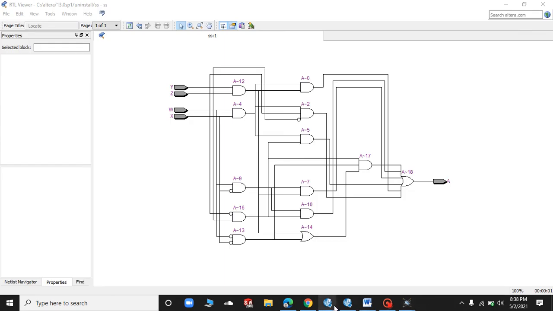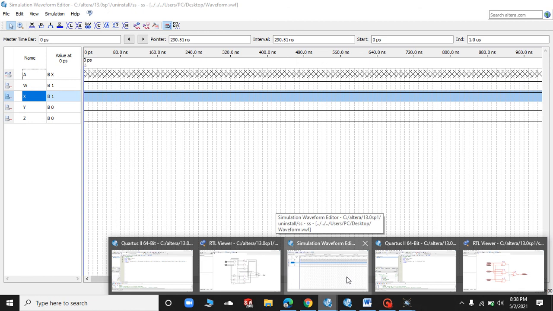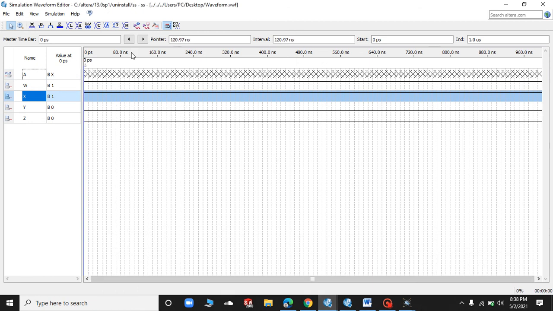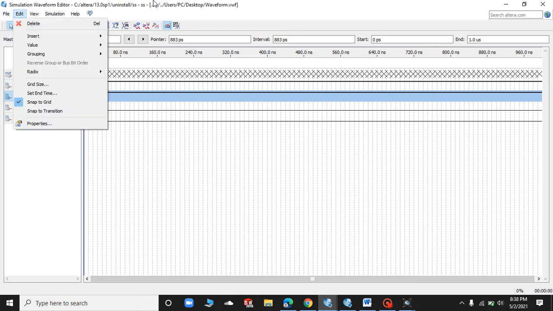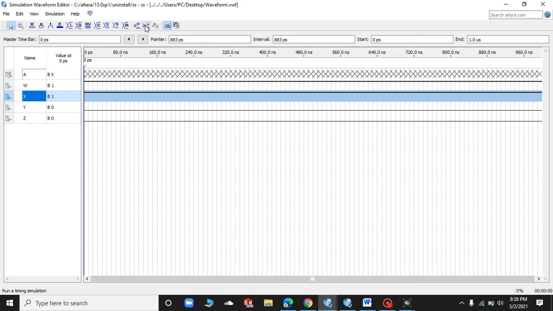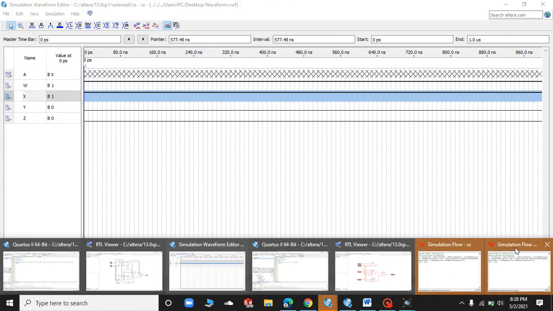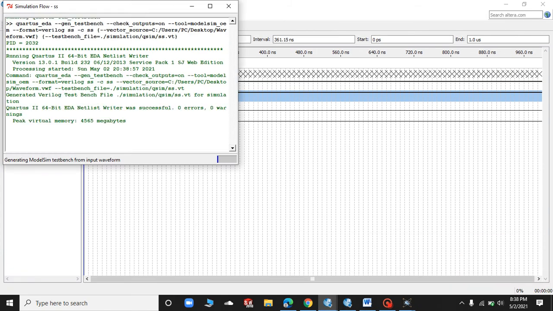I have also checked the waveforms. These are the waveforms of this circuit, and when I run them, just wait a second, the waveforms are also implemented here.